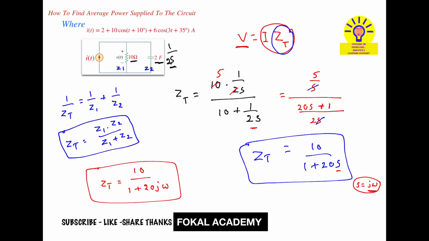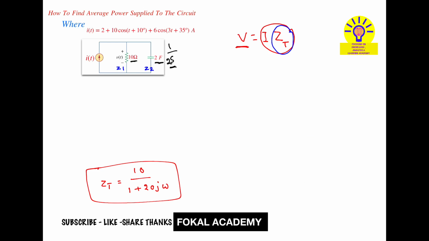Now we can easily find the overall voltage V by multiplying with current I. So voltage V equals ZT, which we got, 10 by 1 plus 20 j omega, into current I. Now how can you find the voltage? Here the current has multiple current waveforms.